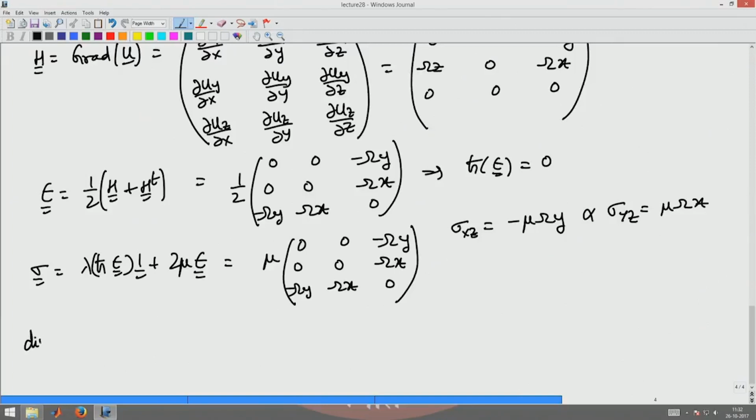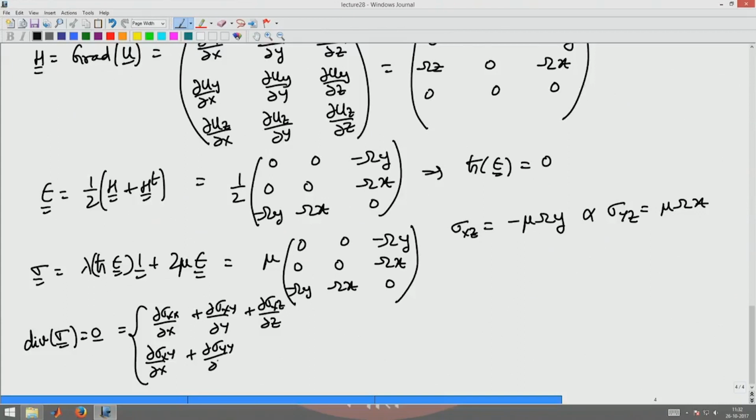So the equilibrium equations will reduce to divergence of sigma equal to 0, which is dou sigma xx by dou x plus dou sigma xy by dou y plus dou sigma xz by dou z, dou sigma xy by dou x plus dou sigma yy by dou y plus dou sigma yz by dou z, dou sigma xz by dou x plus dou sigma yz by dou y plus dou sigma zz by dou z.